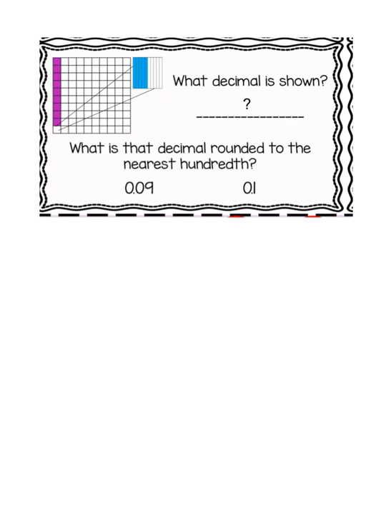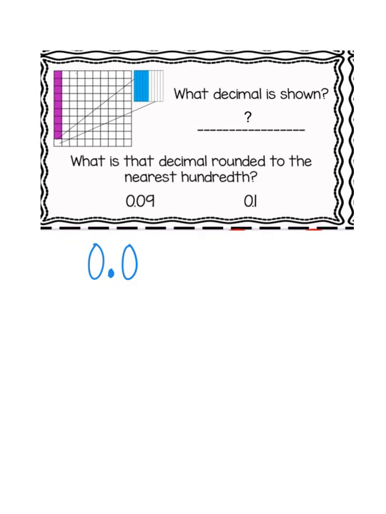Okay, one more. Here we have not quite a whole tenth. So our first digit is actually going to be a 0 in the ones place and a 0 in the tenths place. And then I see I've got 9 hundredths. Let me grab those. So no tenths, 9 hundredths, and how many thousandths do I have here?